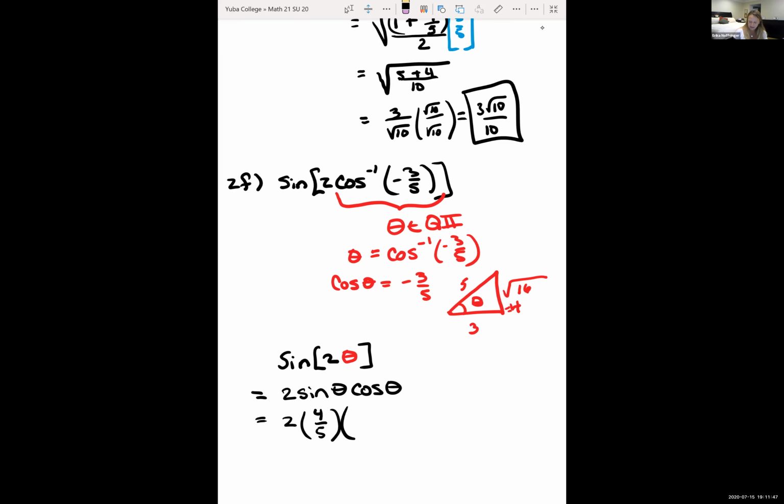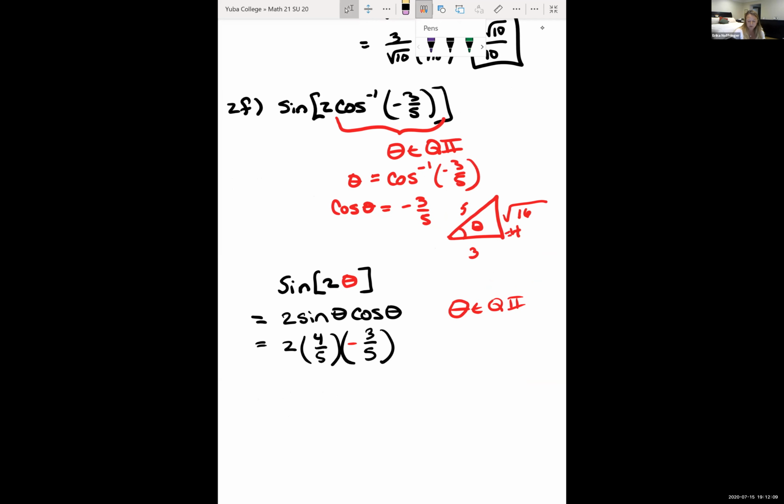And cosine theta, adjacent over hypotenuse, which is 3/5. Be careful though. Theta is in quadrant 2. And we already knew this was negative. And sine in quadrant 2 is positive. And so just multiply across. We got 2 times 4 is 8 times -3 is -24, all over 5 times 5, which is 25.